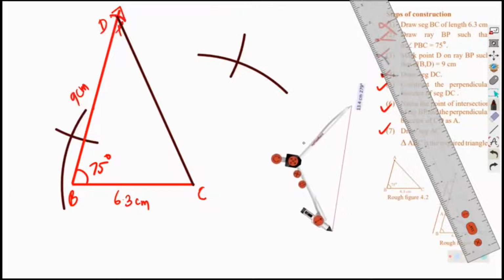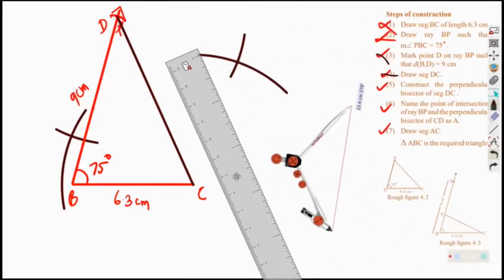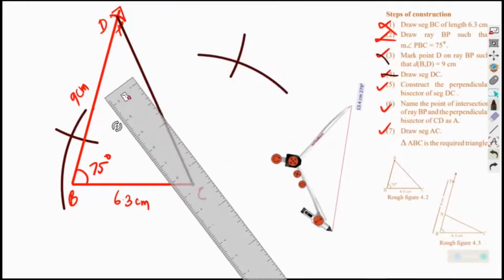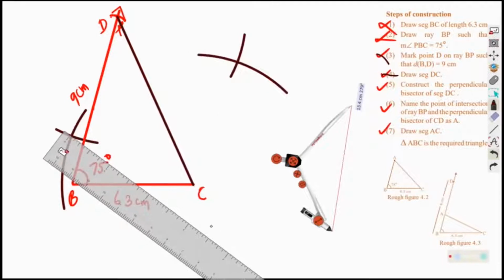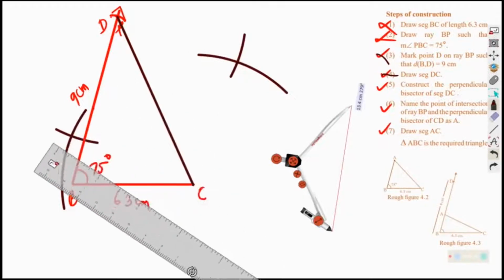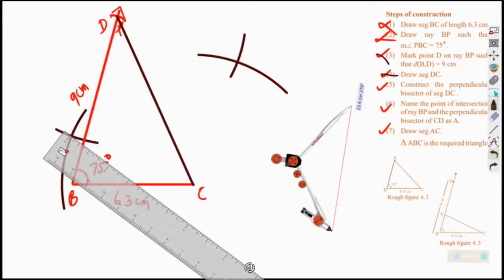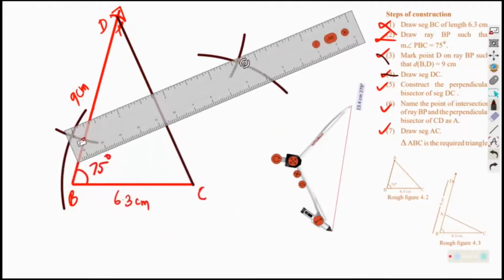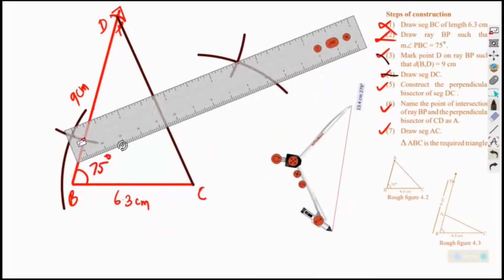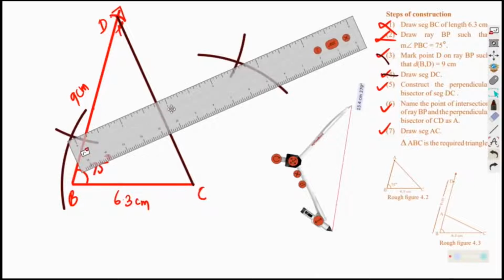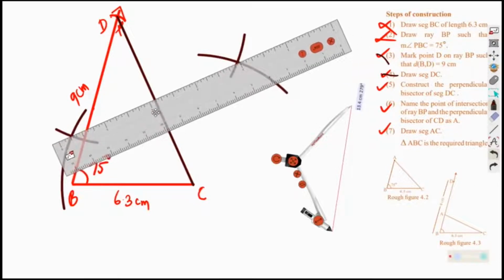Now we need the scale again to connect it. When we connect it, we will be intersecting a point on the side BD of this triangle.